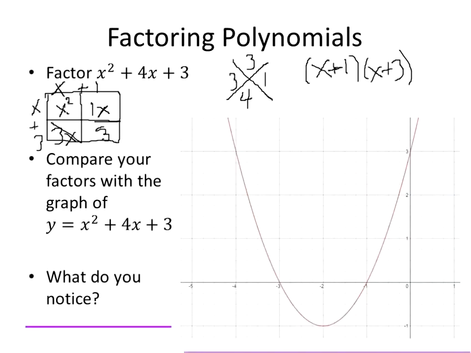So that's why I could take the y here and change it so it says 0 equals x squared plus 4x plus 3.